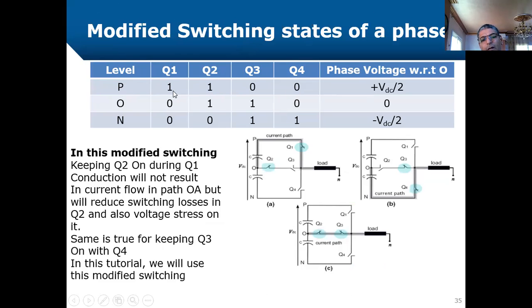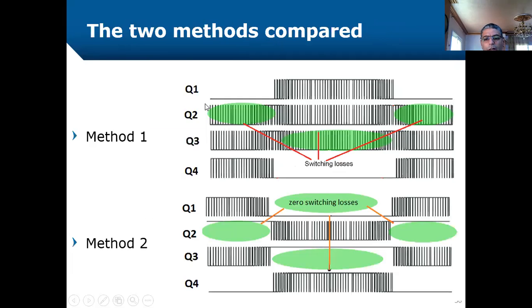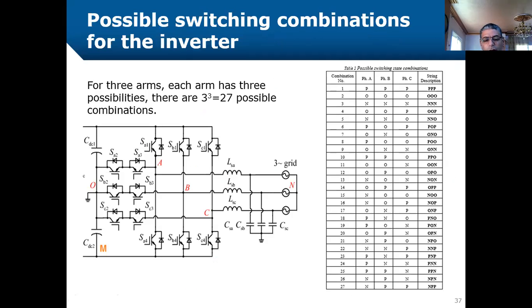For P, Q1 is on, Q2 is on, Q3 is off, Q4 is off. For each symbol, we have a very definite conduction state description for each of the 4 switches of each phase.